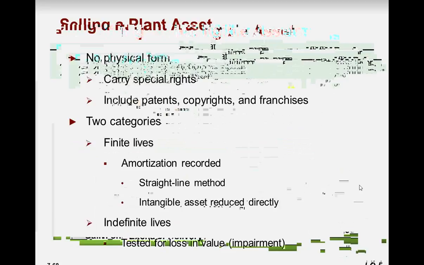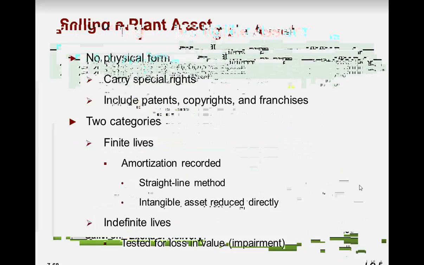It includes patents, as Shad said, and it also includes copyrights and franchises. If you buy into a franchise, that franchise is an intangible. You pay a fee for it, and you actually amortize that off. There are two categories.